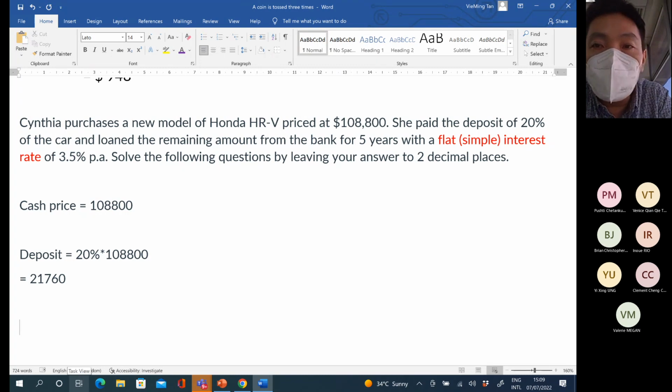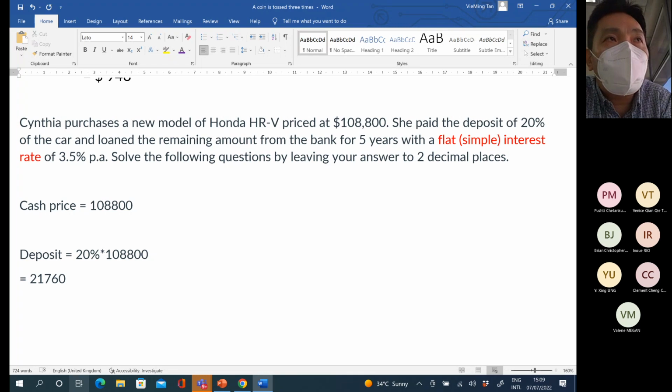Then the remaining debt, Cynthia is going to borrow money from bank to settle the loan. Okay, so what is the next variable we need to calculate before we can answer the remaining question?